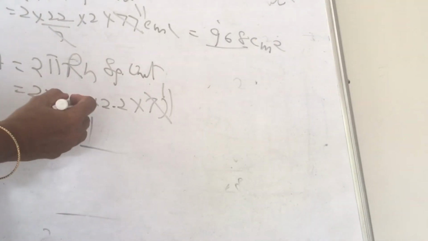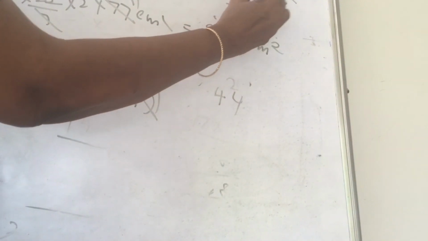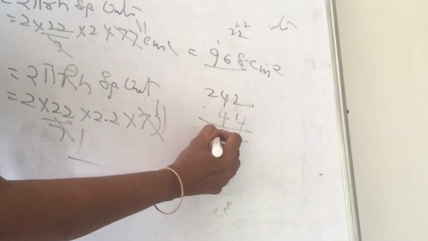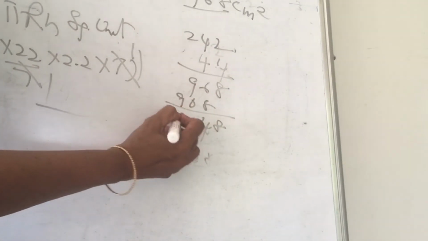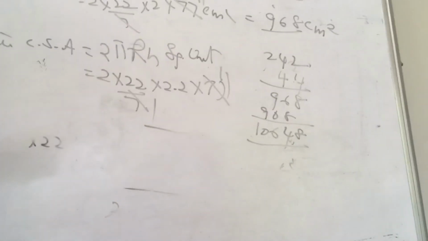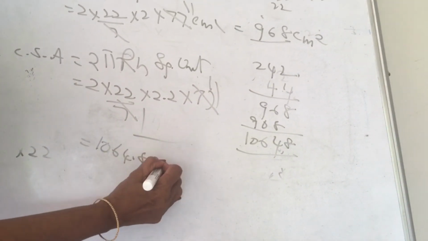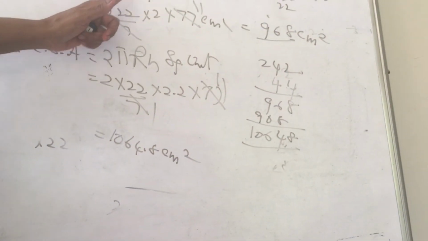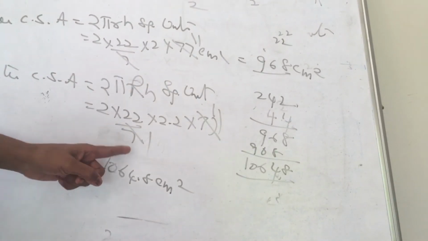Yes, 44. 1064.8 centimeters square is the outer CSA. Inner CSA is 2 pi small r h square units. Outer CSA is 2 pi capital R H square units.